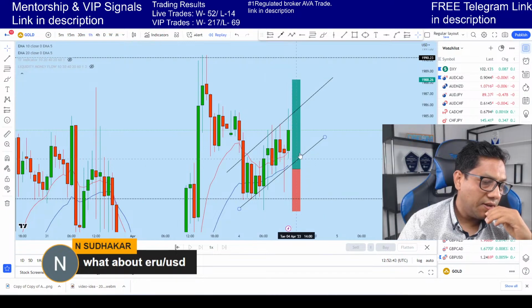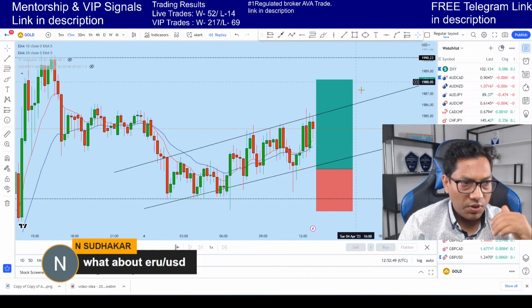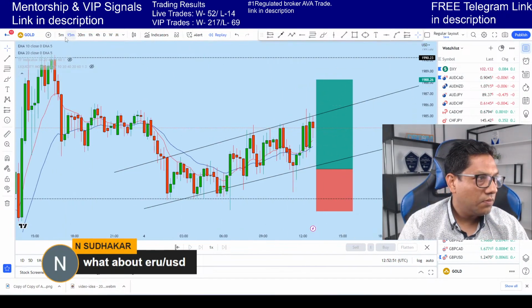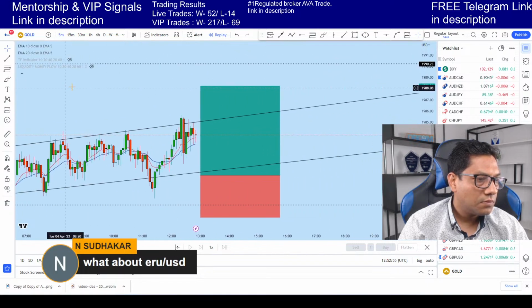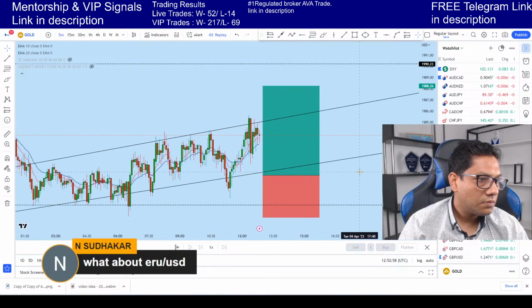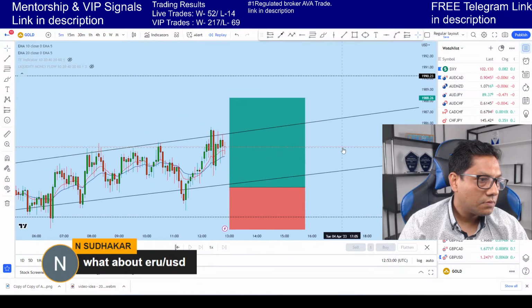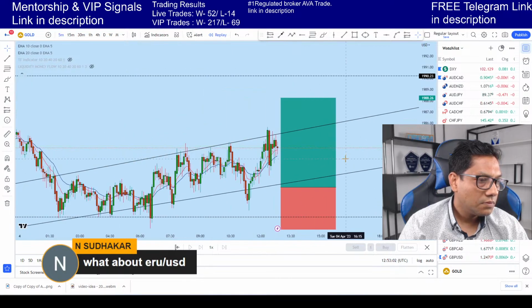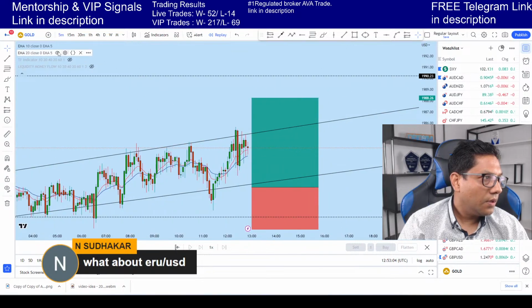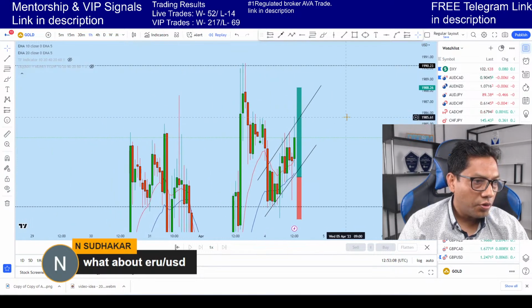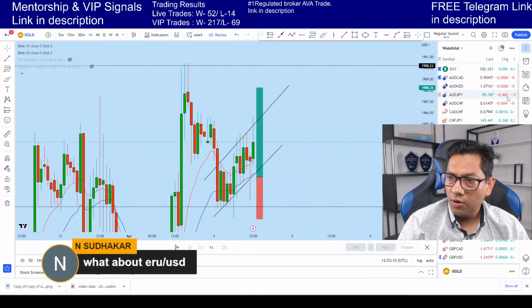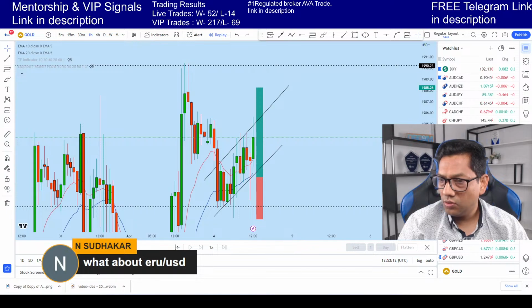There is a probability for another liquidity grab, but I'll really wait for the price to give me the full profit on this one. So let's see how it does. We'll be looking at it.